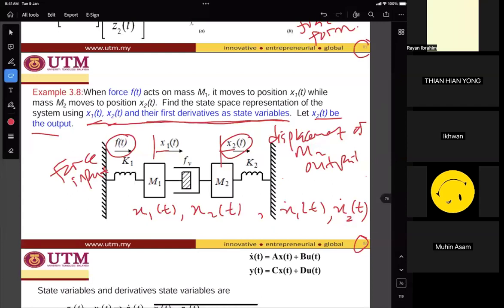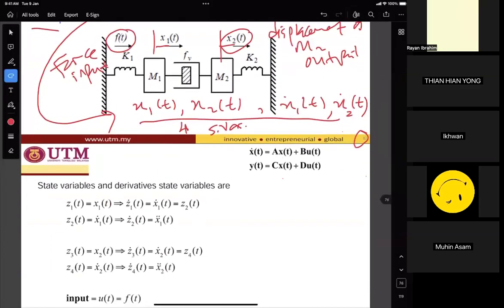So the meaning of this is x1(t), x1 dot(t), x2(t), and x2 dot(t) are the state variables, meaning that you have four state variables. In this case, z1 is equal to x1. Then the derivative z1 dot is equal to x1 dot, equal to z2. Equation number 1. z2 is equal to x1 dot. z2 dot is equal to x1 double dot, which we have to derive.